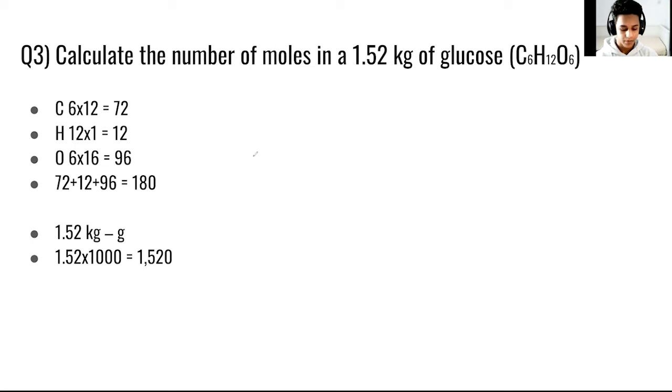Then the fun part, cross multiplication. We will write 1,520 grams, which is the number that is given. Yes, it's grams because we have converted here to grams. And that will be times 1 mole over 180 grams.